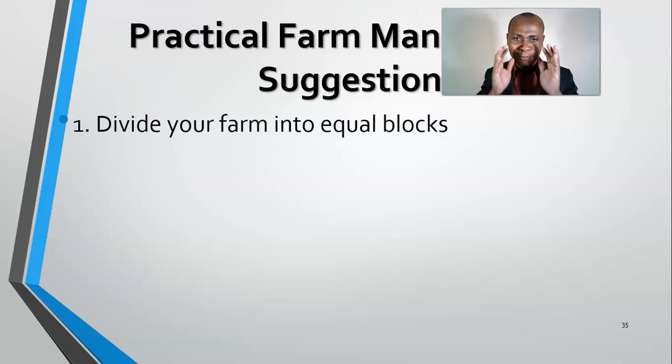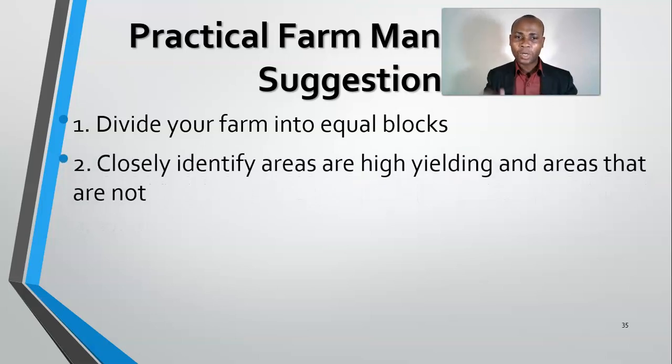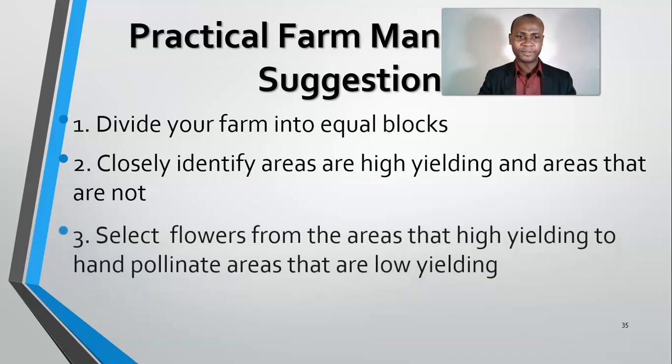Okay, so let's look at practical farm management suggestions. Divide your farm into equal blocks. Closely identify areas that are yielding, and areas that are not. So you are going to divide your farm into blocks, the areas which give high yield and the areas that produce low yield.